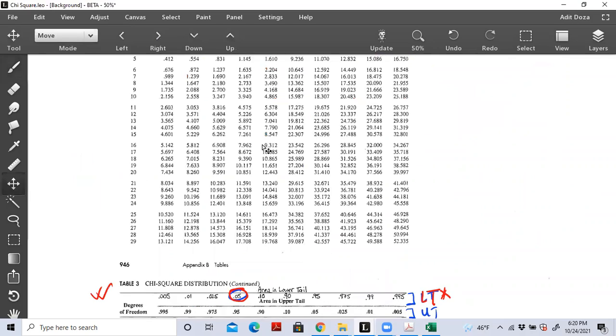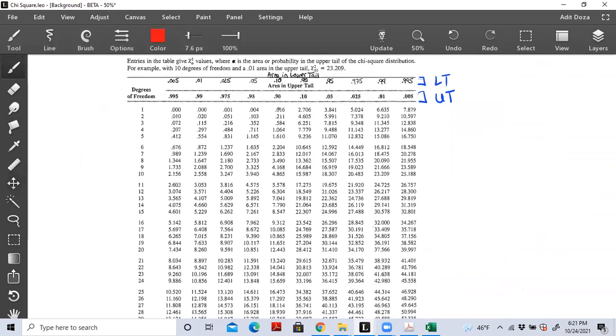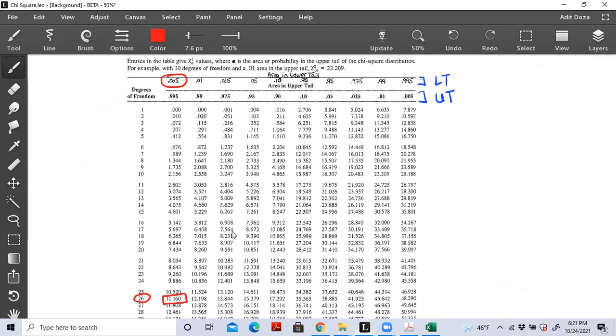So 0.005, lower tail first. Yes. And the degree of freedom was 26, right? So it's 11.160 for the lower tail. What about the upper tail? Upper tail will be in the bottom row.